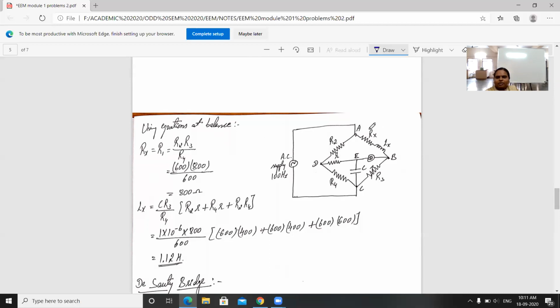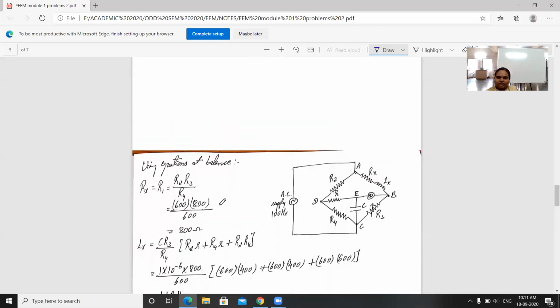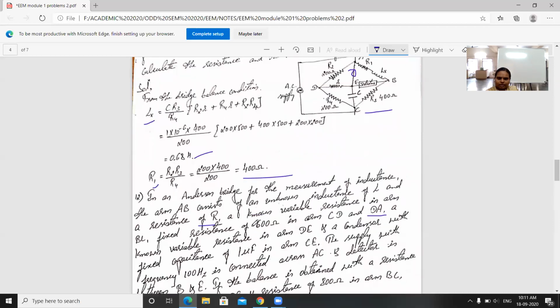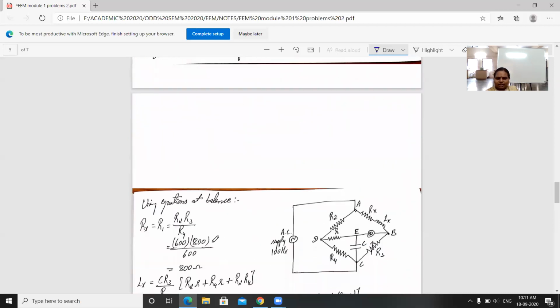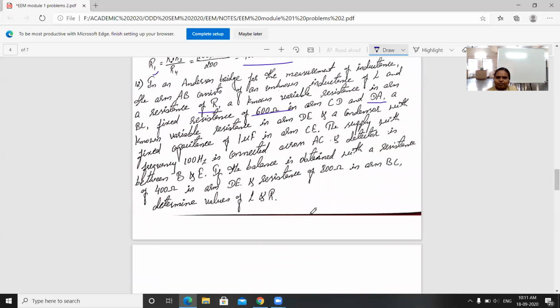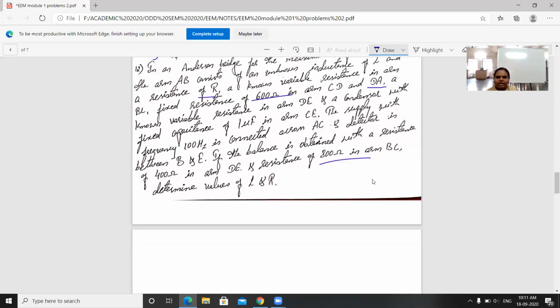The unknown parameter Rx, that is R1, is equal to R2 R3 divided by R4. R2 is 600. R3 is 800, as given here.